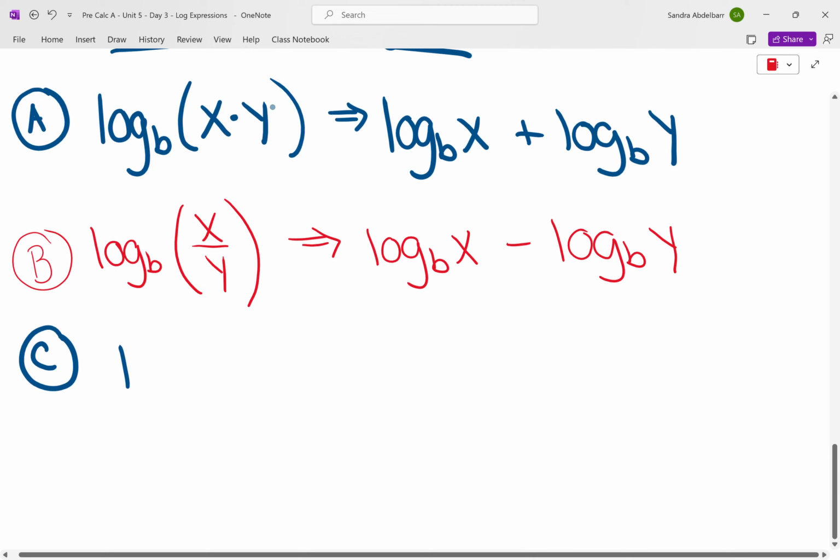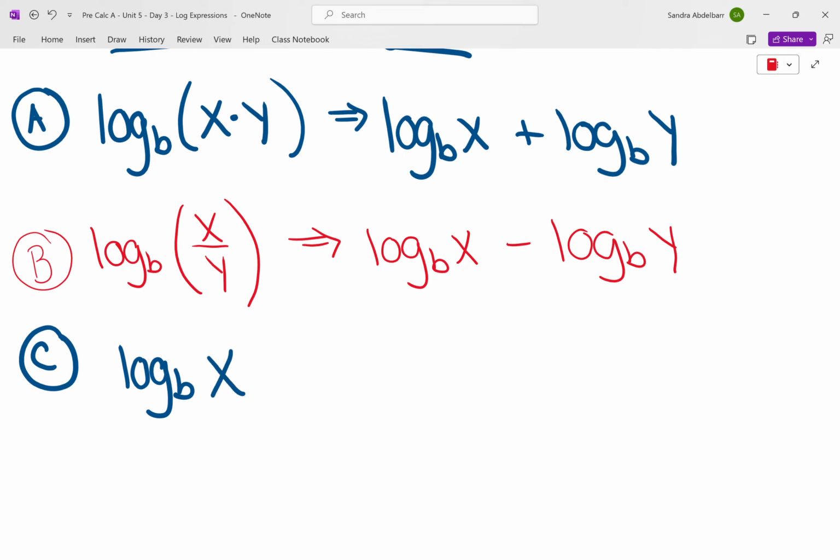Next one. If I have log base b of x raised to the a power, so my argument has an exponent, that is the same as bringing that exponent to the front and saying this is the same as a times log base b of x.